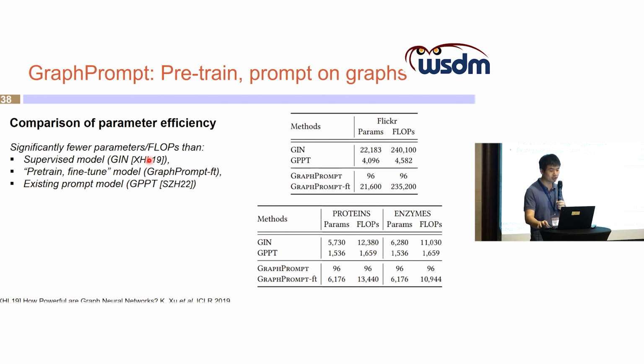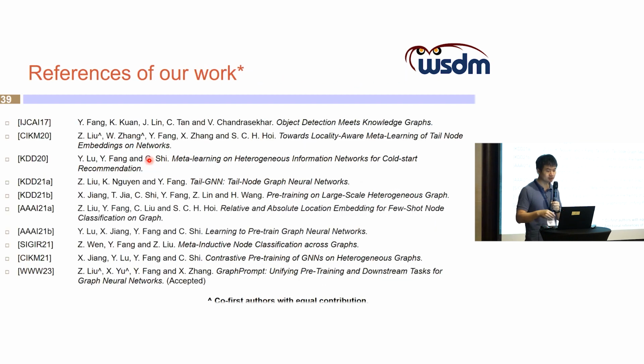So this is a comparison of parameter efficiency. And parameter efficiency is important because the updating time is going to be much cheaper, and also you can deal with few-shot scenarios much better. When you have few labeled examples, the smaller the model, the better. It's less likely to overfit.